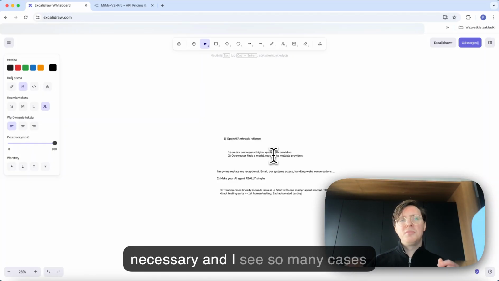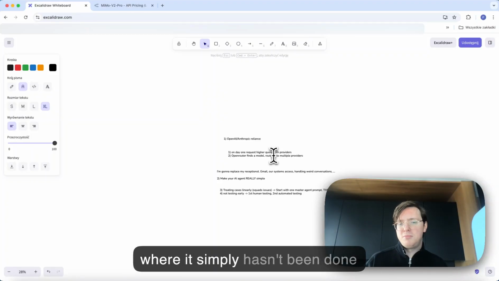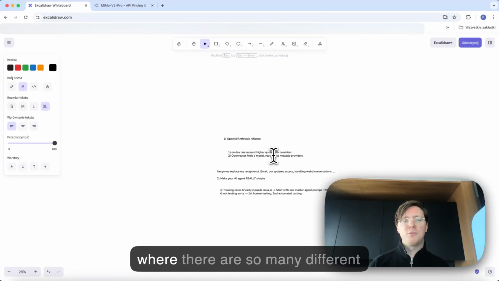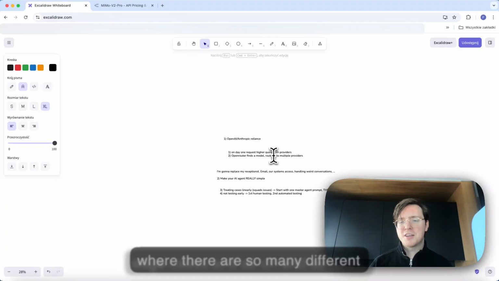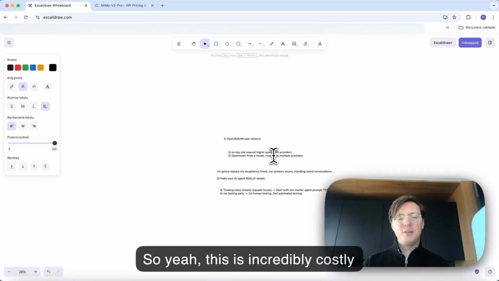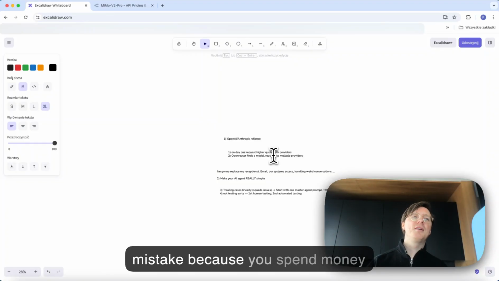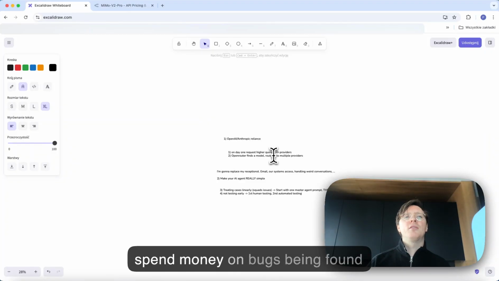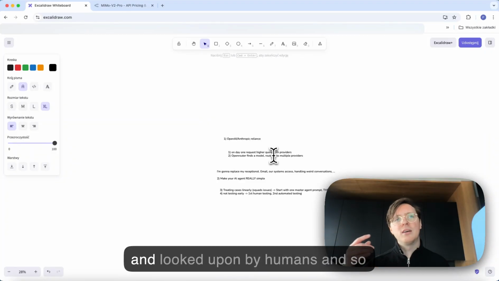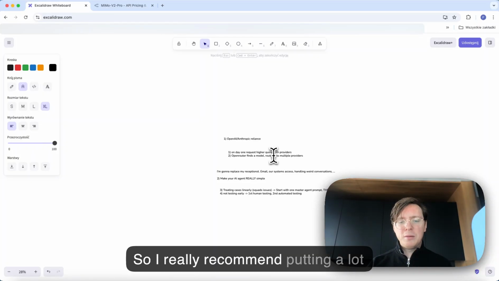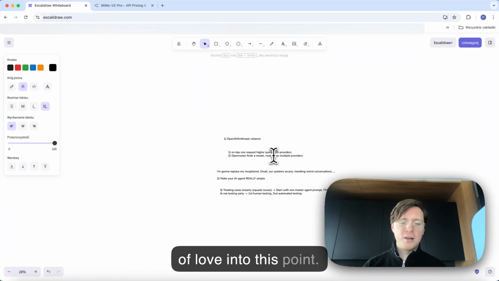And I see so many cases where it simply hasn't been done properly, especially with banks where there are so many different edge cases. So this is an incredibly costly mistake, because you spend money on every developer iteration, you spend money on bugs being found and looked into by humans, and so on. So I really recommend putting a lot of love into this point.